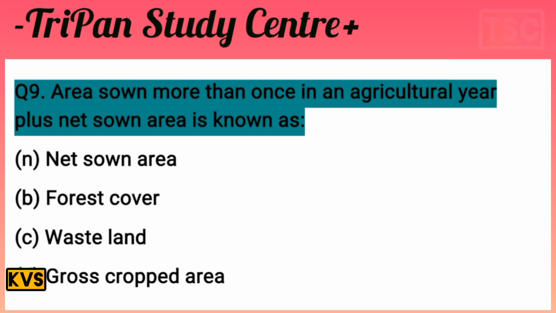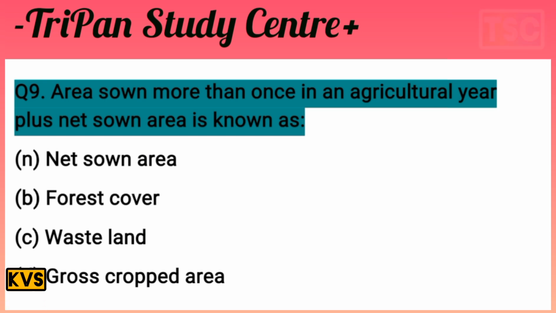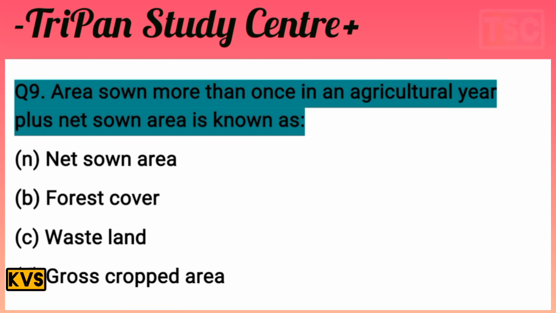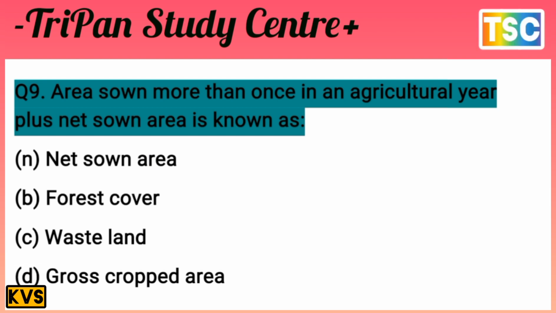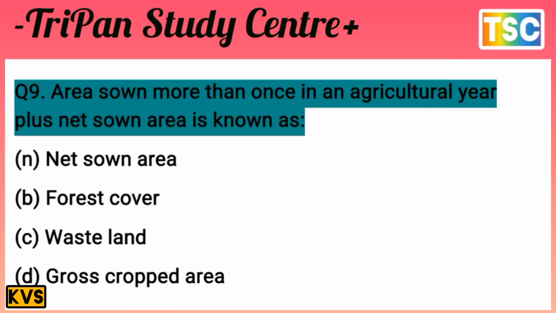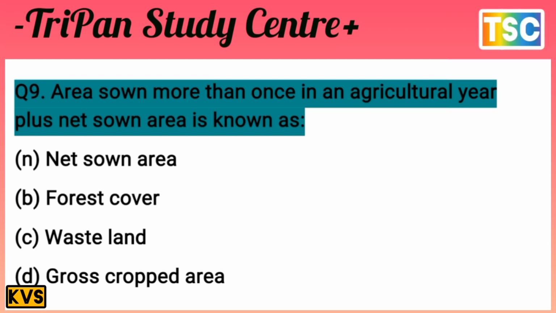Forest cover is not an applicable answer here. Wasteland is not suitable for this answer. But gross cropped area, that's the important answer. The answer is D, gross cropped area. Let's see the next question.